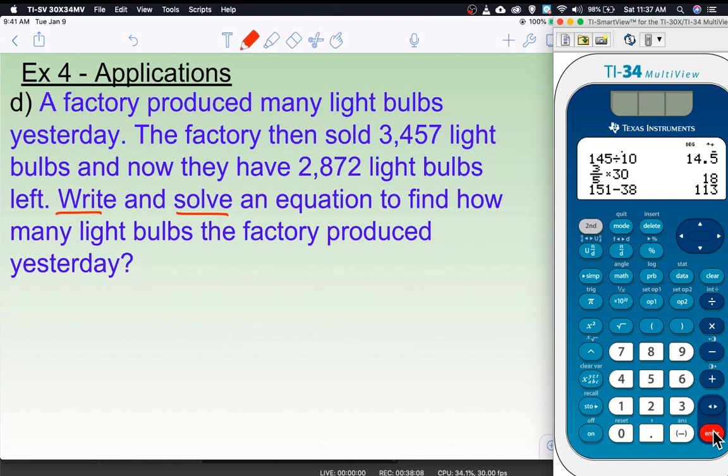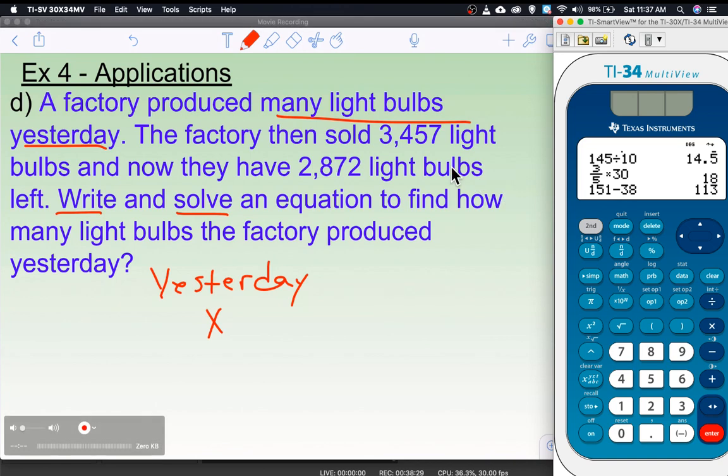All right, so the factory produced many light bulbs yesterday. We don't know how many they made yesterday. So yesterday, I'm just going to put a big old X, a variable. I don't know how many light bulbs they made yesterday. But then it goes on to say, then they sold 3,457 light bulbs.